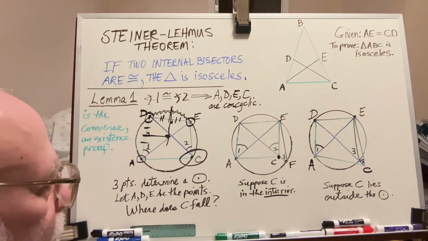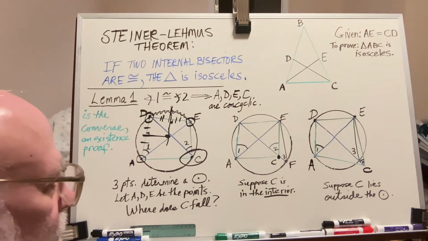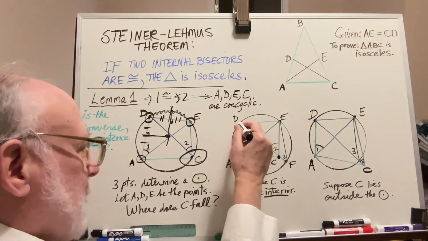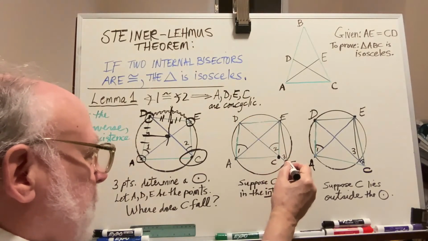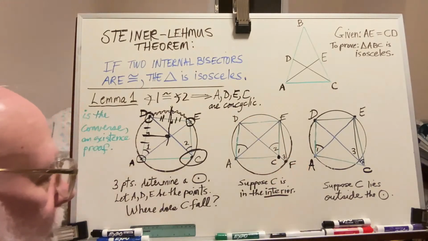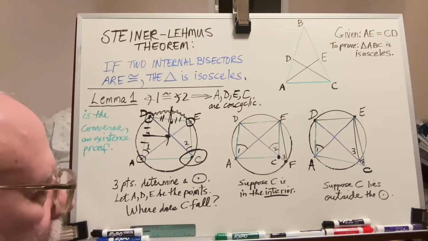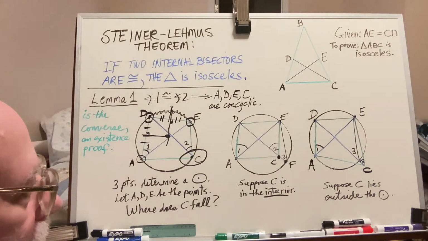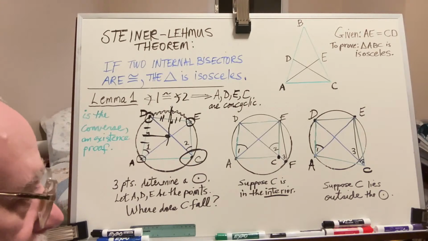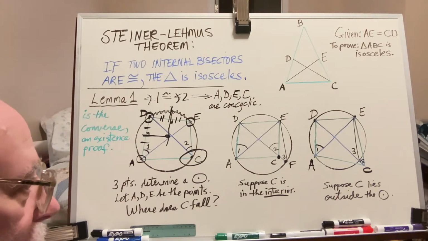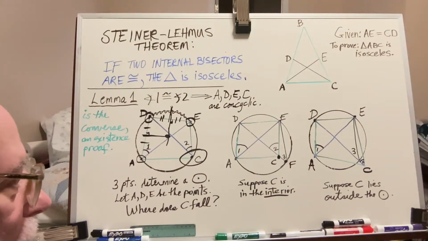Then we know that we can extend D to C to F on the circle. And now we immediately get a contradiction, and the contradiction involves the exterior angle theorem.